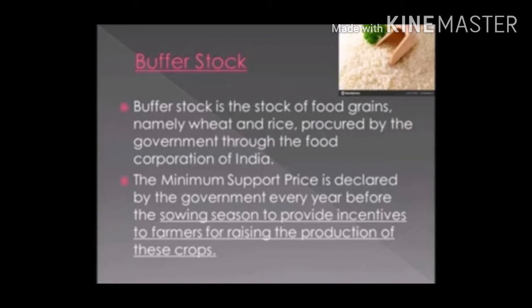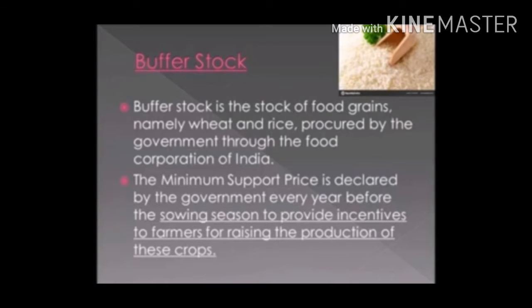Buffer stock. Buffer stock is a stock of food grains, namely wheat and rice, procured by the government through the Food Corporation of India (FCI). The FCI purchases wheat and rice from the farmers in states where there is surplus production. When there is excess production, farmers will sell the production to the Food Corporation of India.